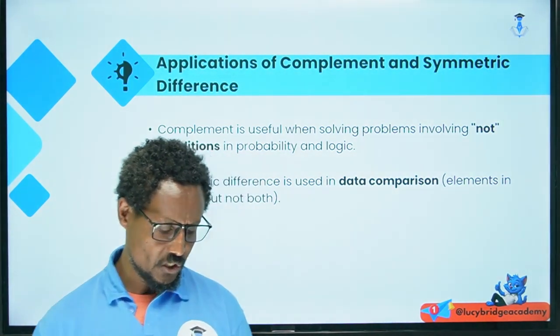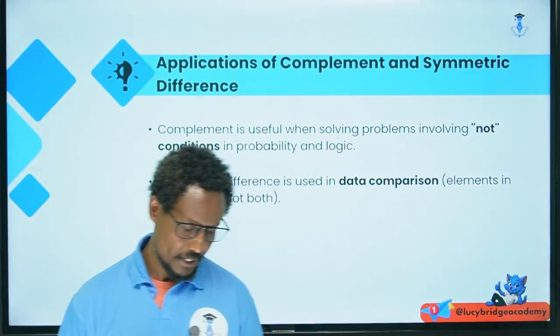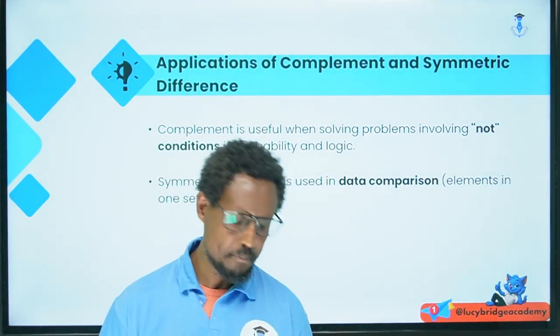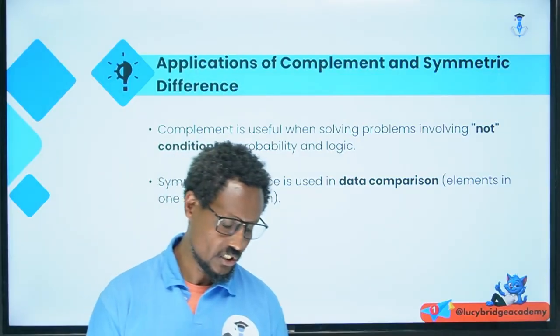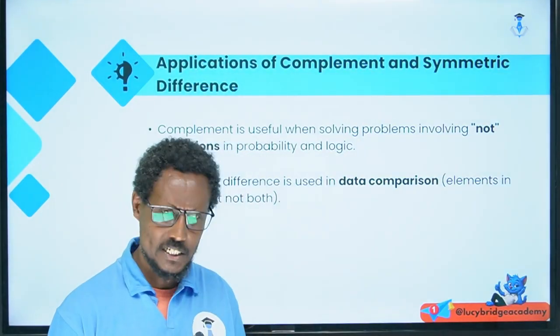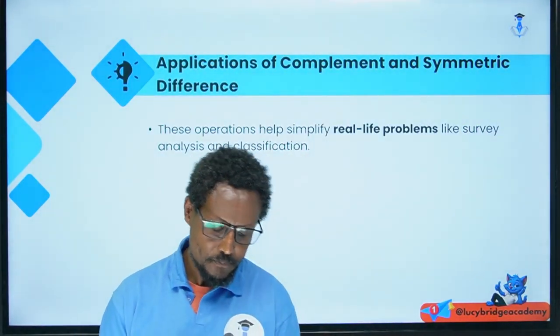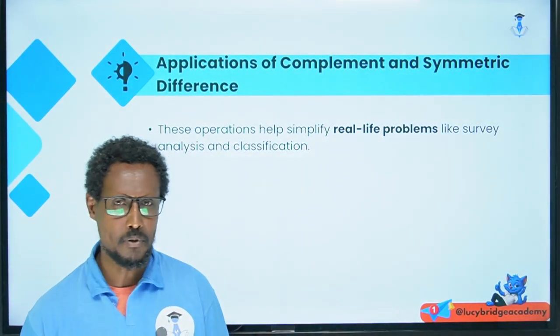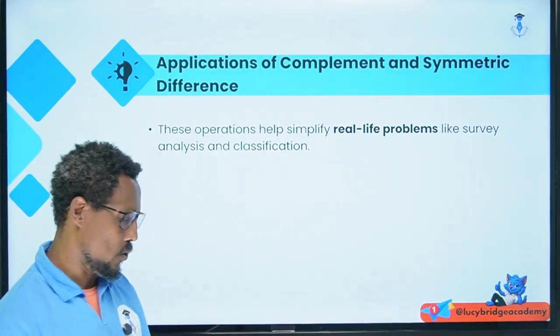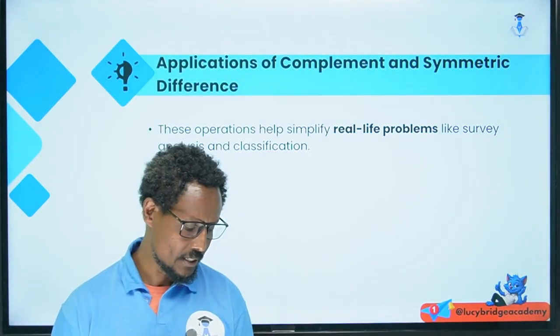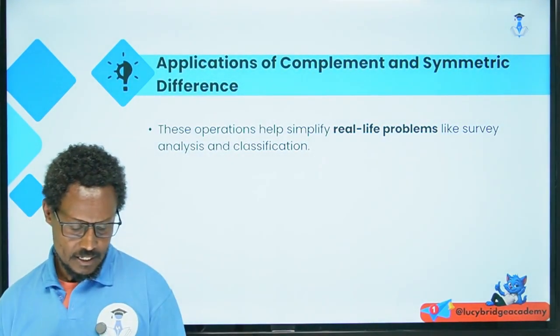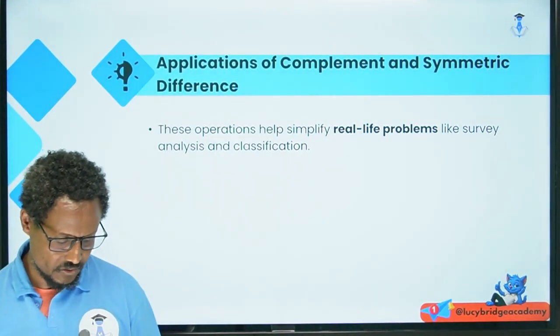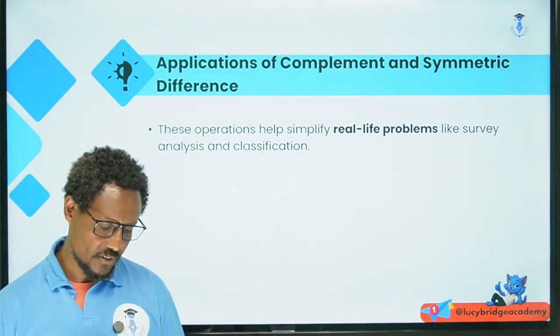Again, symmetric difference is used in data comparison, elements in one set but not both, as we have discussed before. Once we understand the concept of symmetric difference, it's not difficult to solve practical problems. We apply the concept that we have seen before, right? This operation helps simplify real-life problems like survey, analysis, and classification.